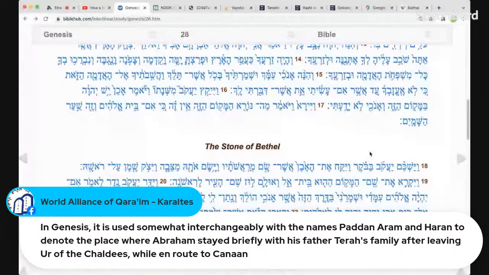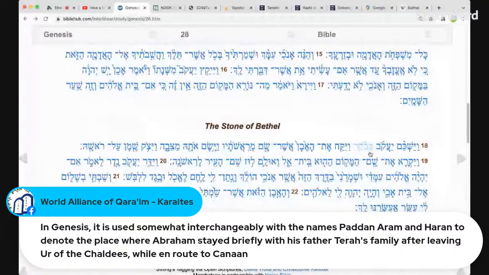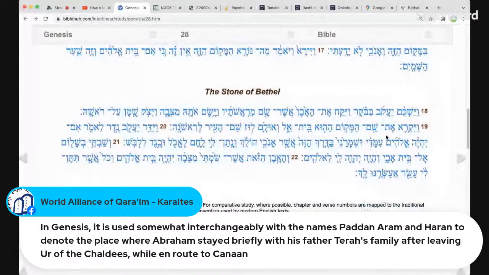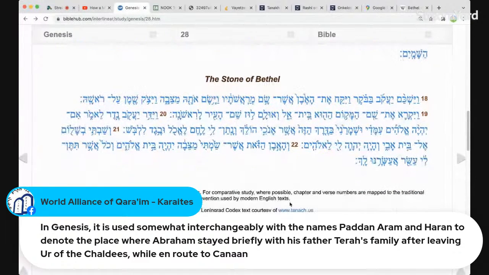Okay, and then there's another statement. Let me find it. Okay. So look at this, verse 22.